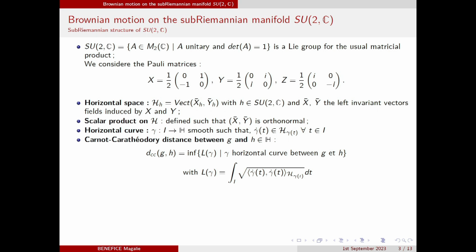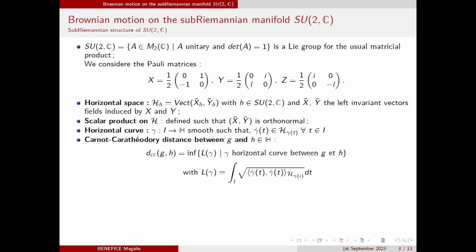And then for the inner product, we take the one that makes this family of vectors an orthonormal basis. And then we will consider the horizontal curves, that are curves that take their tangent vectors in the horizontal space only. And we will define a length for these curves. And so define a distance as the infimum of the length of these curves linking two points of SU(2). So this really defines a distance.